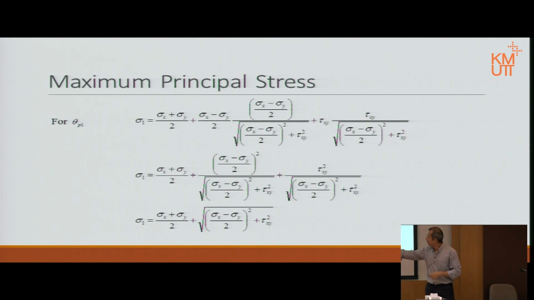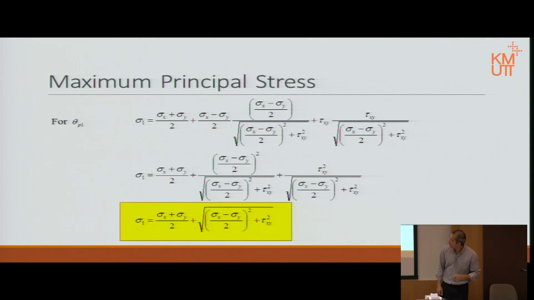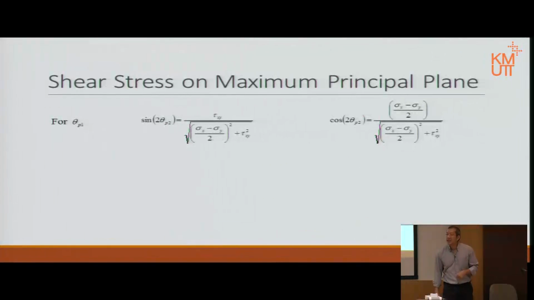Then we end up with the last expression, and that is the expression for the maximum principal stress. Of course, when we find the orientation of the maximum principal stress, as we discussed before, we also see the orientation of the minimum principal stress as well. Therefore, theta P2 signifies the minimum.